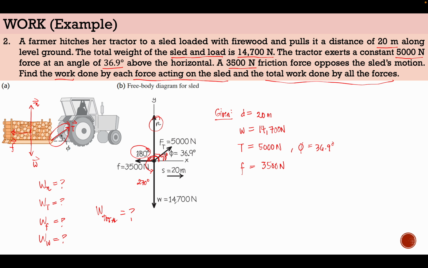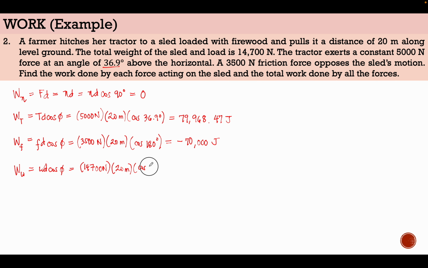See, friction force is 180, and the angle of weight is 270 degrees. So now we have the work done by the weight is 14,700 times 20 times the cosine of 270, which is equal to 0. Since again, cosine of 270 is equal to 0, if you multiply that with 14,700 times 20, it's still 0.